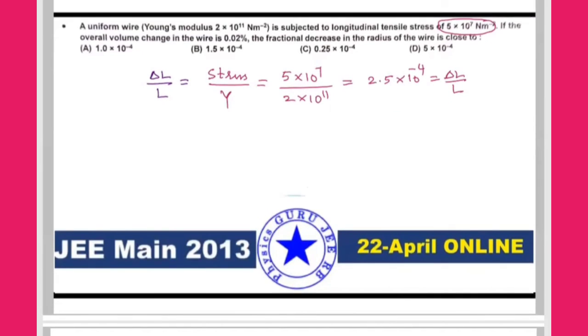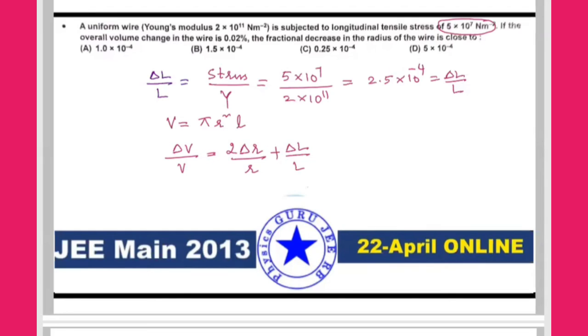Okay, now what we require is a fractional change. Now delta L by L is there. So volume, if I write it as pi R square into L, we can write delta V by V equals, as pi is constant, 2 into delta R by R plus delta L by L. Now simply we can substitute.